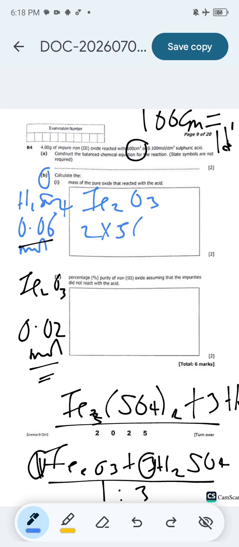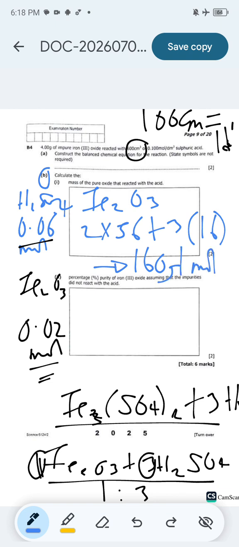So it is 56 plus, when we look at the mass number for oxygen, that's 16. So we are going to multiply 3 by 16, meaning we have 3 atoms of oxygen multiplied by its mass. When you add, you are going to get the molar mass of about 160 grams per mole. So this 160 grams per mole is now the molar mass of iron 3 oxide.